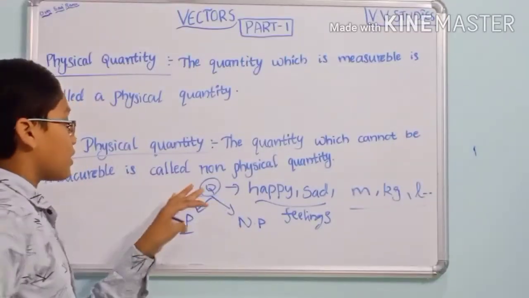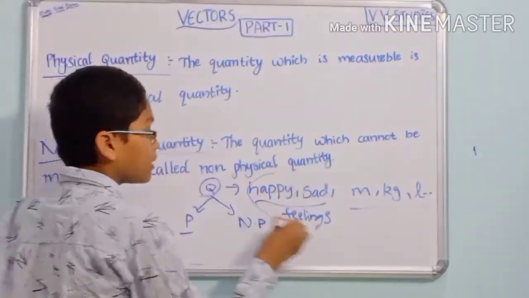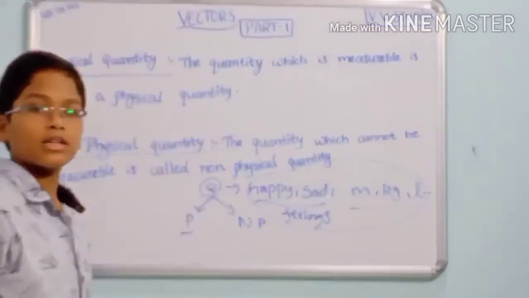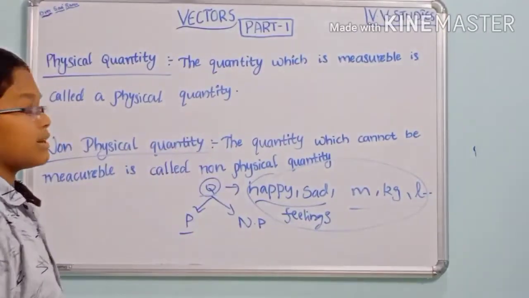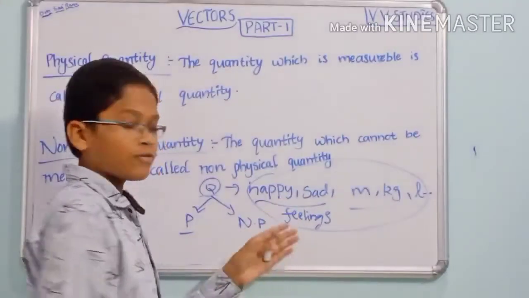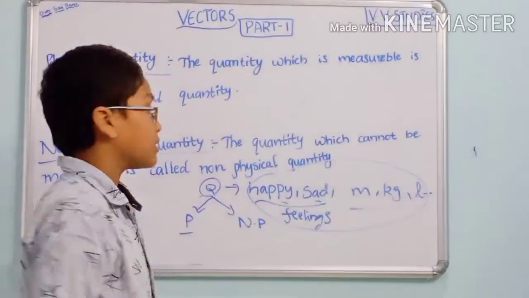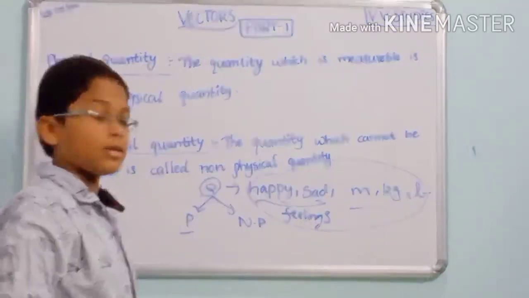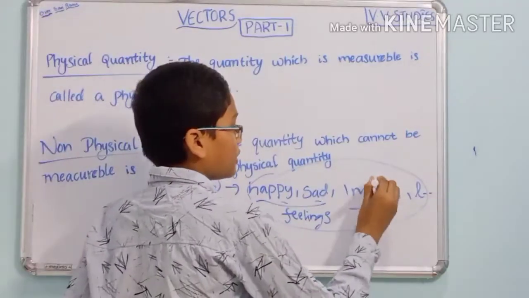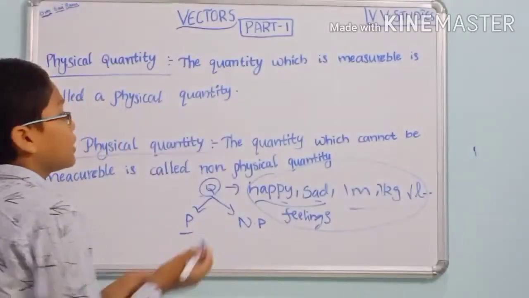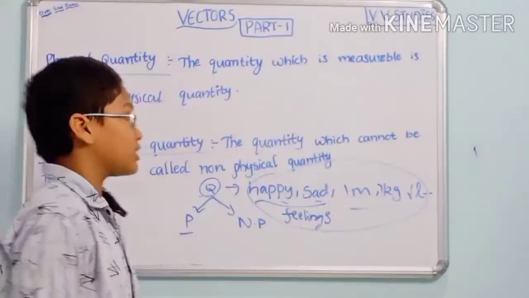These all are quantities. Among these quantities, which are measurable? We can't measure our feelings, happiness, sadness, anything. So, which are measurable? 1 meter or 1 kg or 1 liter. These are measurable quantities, so these are known as the physical quantities.